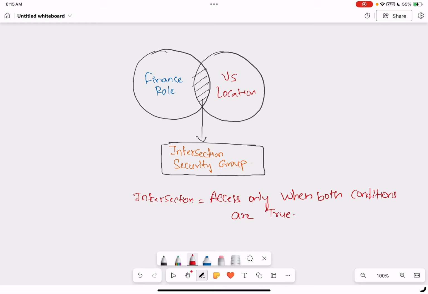So here you can see that the finance role is one group, and the US location is another. The overlap between the two groups is the intersection security group. Only users who belong to both groups get access to the US payroll domain.